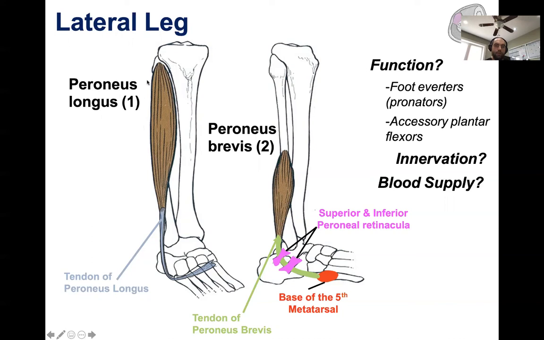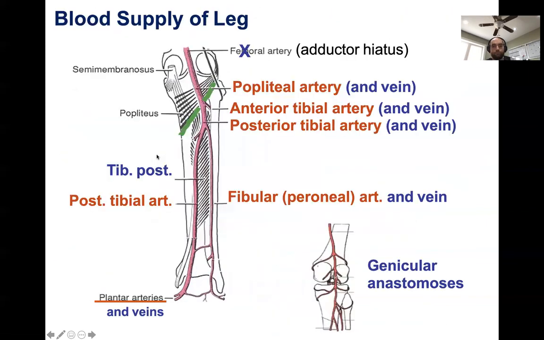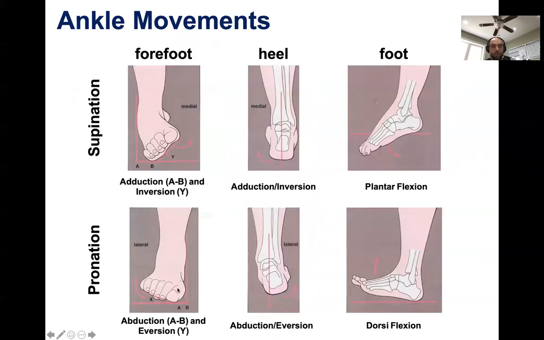Right? So biomechanically, they're actually perfect for everting the foot, which is the opposite of inversion. So we talked about how tibialis posterior inverts the foot. These muscles, the peroneal muscles, so peroneus longus and brevis, actually evert the foot. So I'll show you how that looks. So eversion would be this motion over here. So trying to flatten your foot or bring the outside even further out away from the body would be eversion.